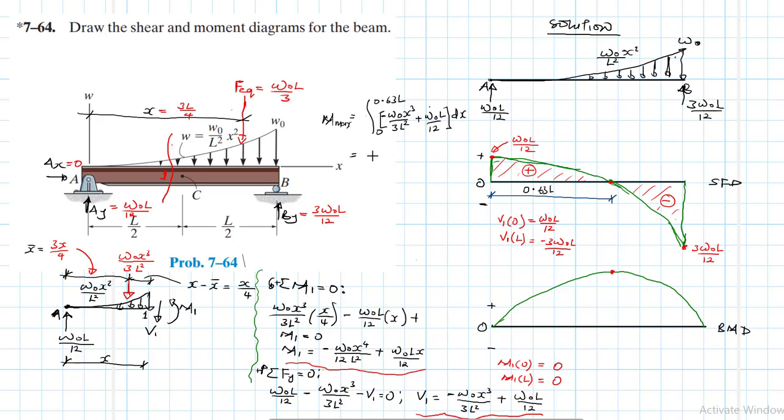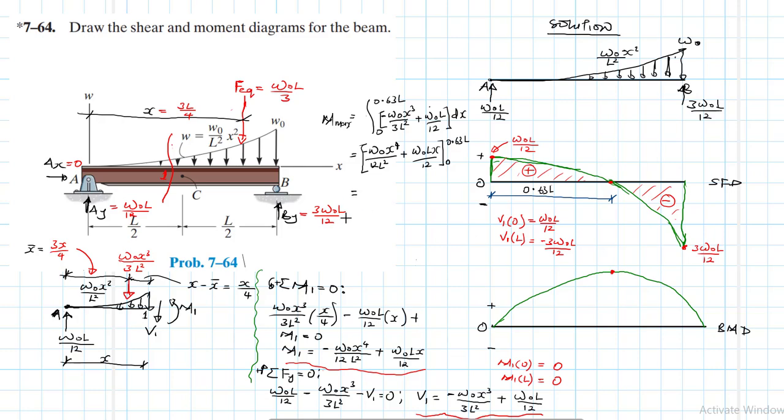Alright, if we did the integration, this gives us minus W naught x to the power 4 divided by 12L squared plus W naught Lx divided by 12, and then the integration constant, from 0 to 0.63 L.